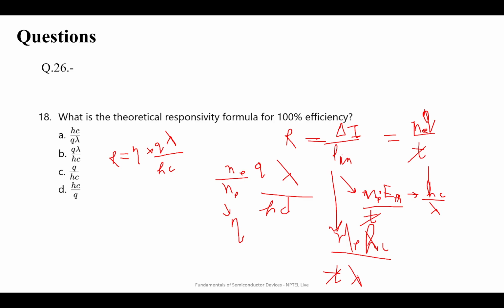So then it becomes eta N into q lambda by hc, that is N e q divided by N p hc by lambda. And this lambda I can then take into the numerator. So that becomes this formula. Okay, sir. Thank you, sir.